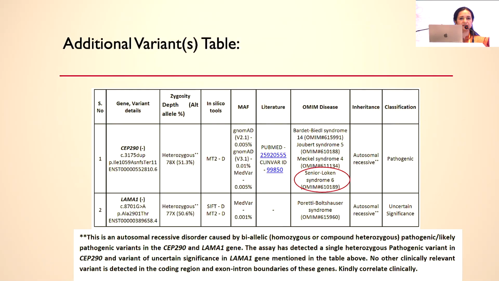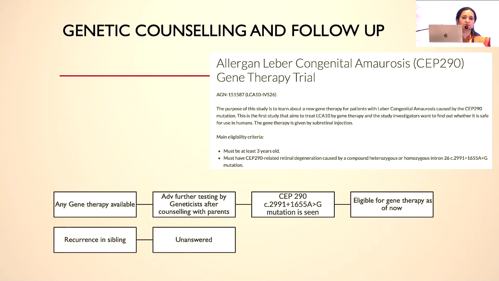When we redid it, because I had a strong clinical suspicion, we did find the CEP290 gene. It is important because the parents were ready to take the child anywhere for gene therapy trials, and a gene therapy trial for CEP290 is available, but unfortunately only for a specific variant. This variant was absent in the child, so we saved the child a trip to the US.